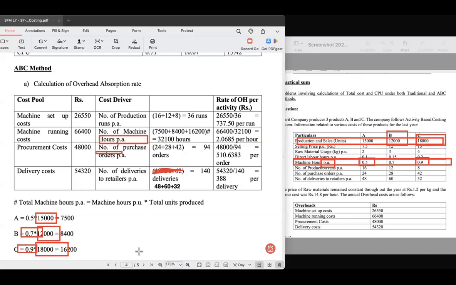Clear? Total machine hours per annum, because that is a requirement per annum. All these are per annum, not per unit. As you can see in the question, the rest of the information they've given in per annums, except the machine hours and labor hours, which is in units. And that's the reason we had to calculate it per annum.